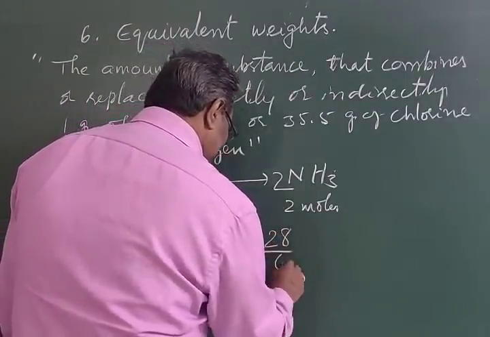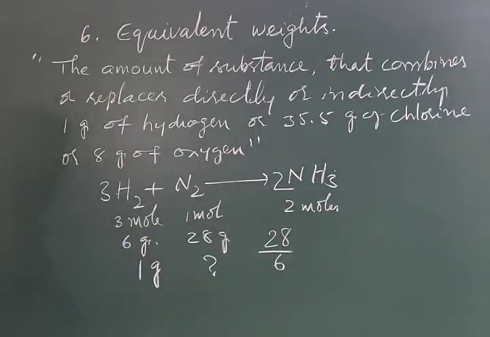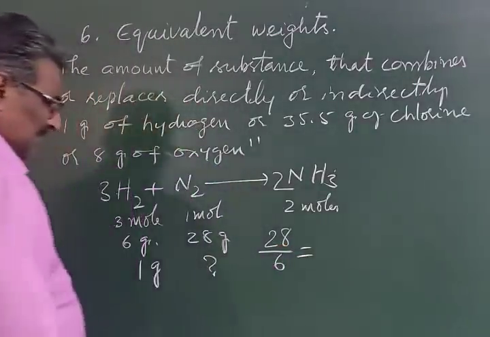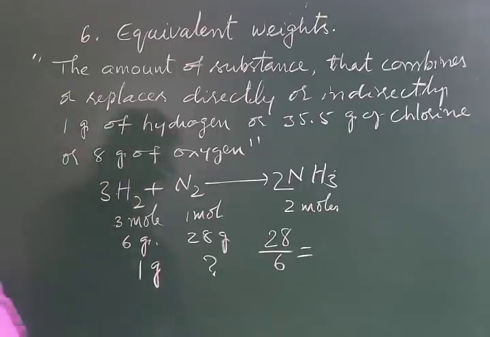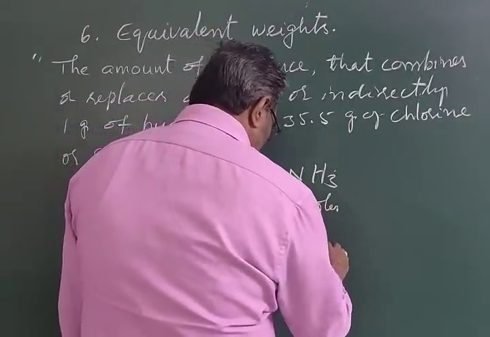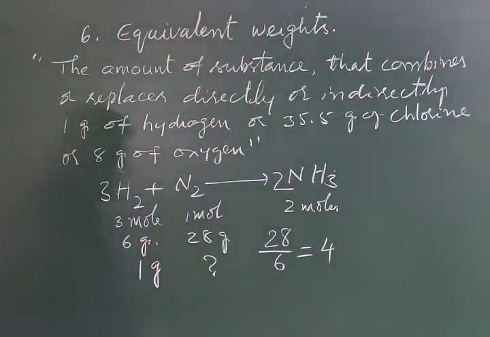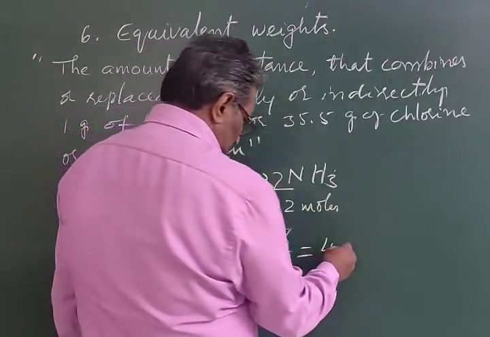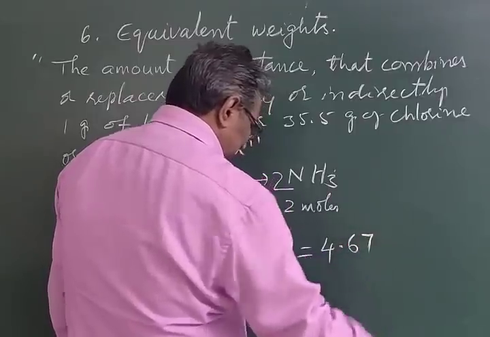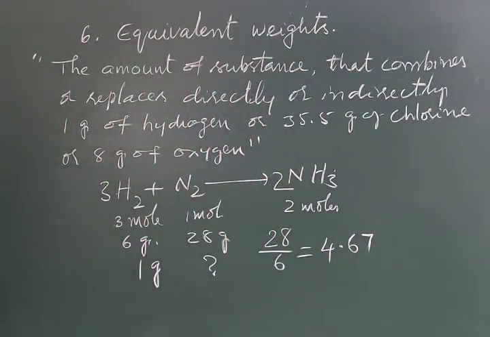28 by 6. That is equal to 28 by 6, 4 6 are 24, and 4 left, 40, 6 6 are 36, 6 7, so 4.67.